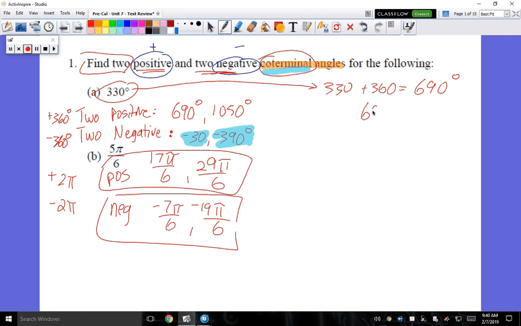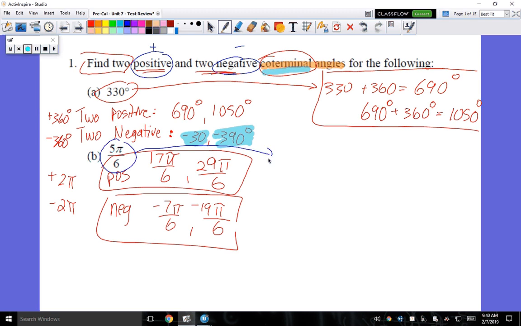Then you do 690, add 360 in order to get the 1050. Again, we're going to do this without a calculator. I just wanted to show you what the answers are going to look like.